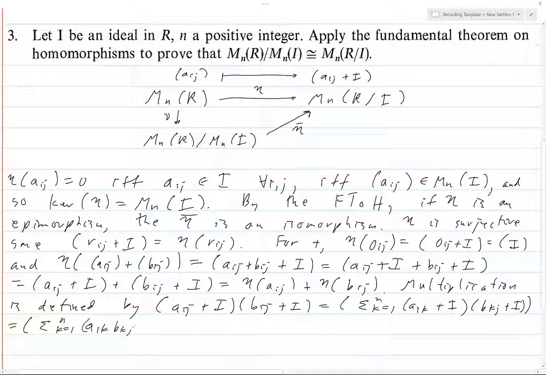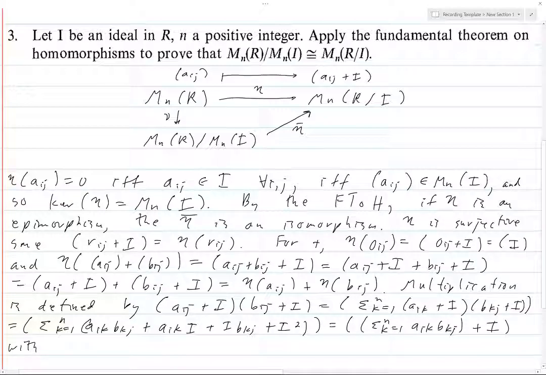Here, I might put this all in parentheses just to make it obvious that this thing should be all together. Oh wait, no, but the upcoming I squared, it's not obvious that that's contained in each sum. But anyways, if you move this around, because I is an ideal, you can just combine a bunch of things together. It's (A_ik B_kj) + I.